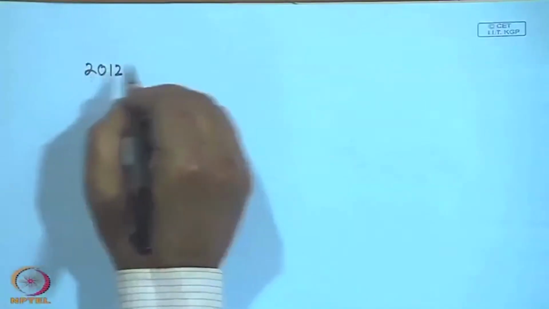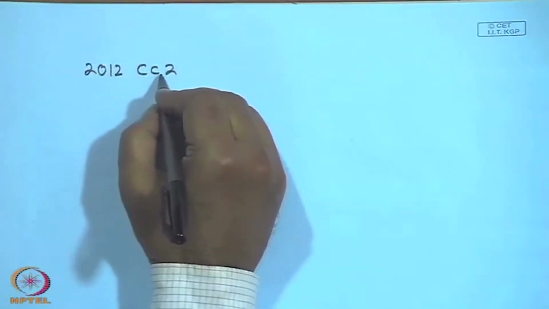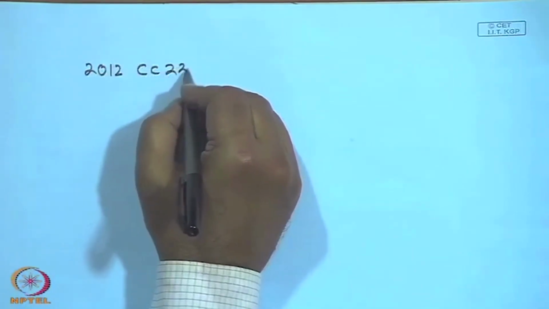Let me quickly go to one more example, then tomorrow we will talk about nitrogen-15. This is a paper from 2012, a fresh paper actually, in Chemical Communications, page number 277. It is a very interesting compound. Only just last month they found a different structure.